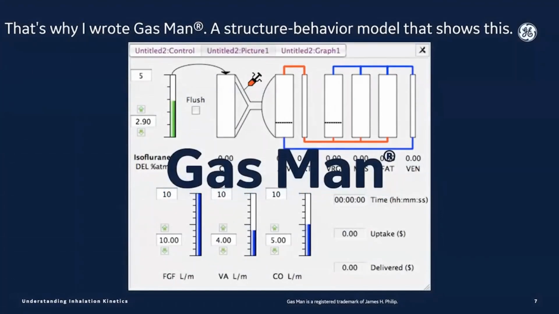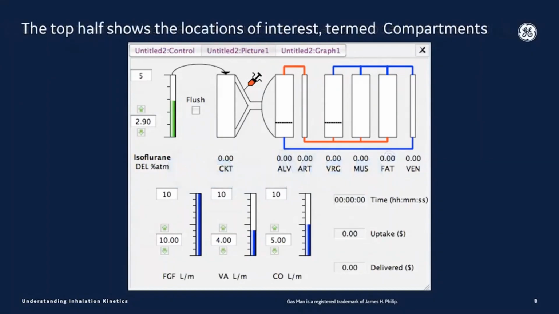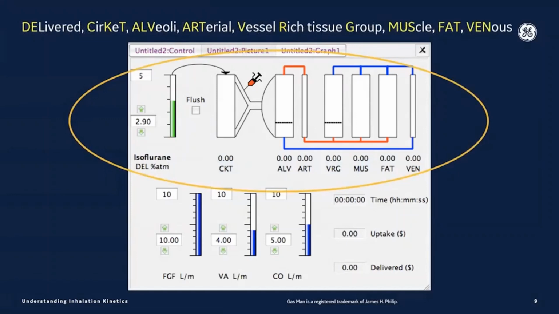It's a structure behavior model that shows this. The model looks like this. The top half shows the locations of interest, termed compartments. We have delivered, breathing circuit, the alveoli, arterial blood, vessel-rich tissue group, muscle, fat, and venous blood.